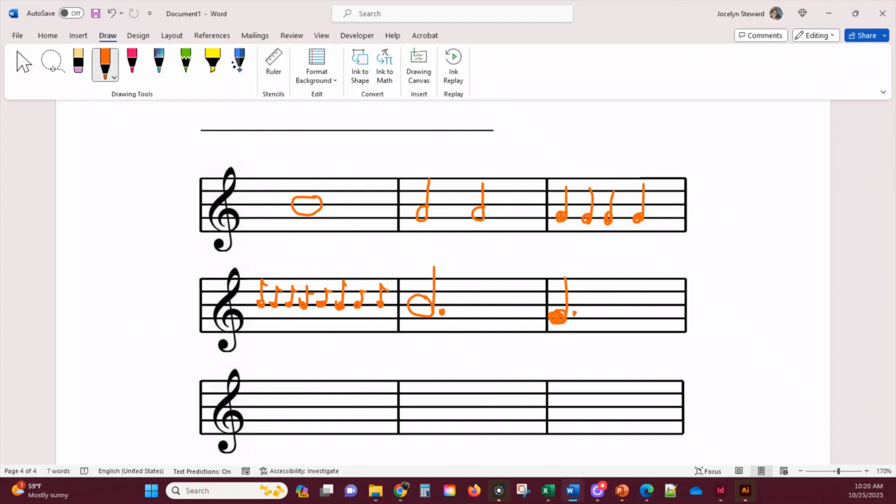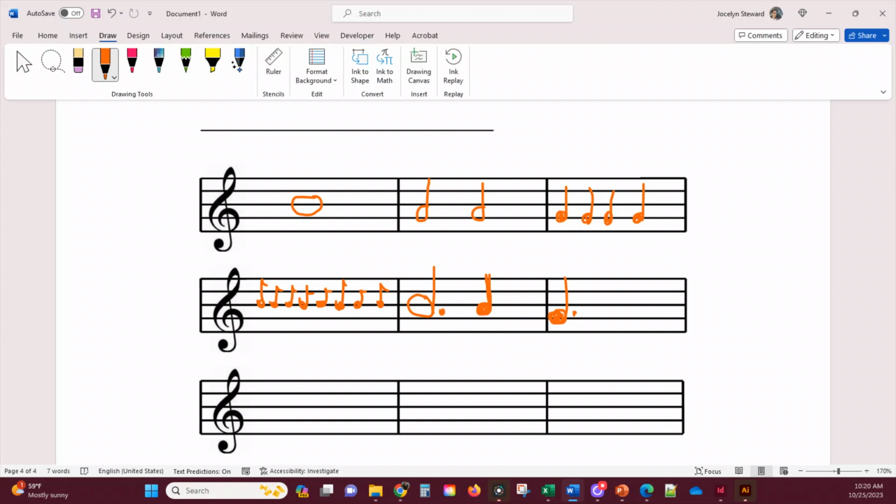Okay, and this is 3 beats, 1, 2, 3. What do I need to add in order to make it 4? I can add 4 of these, or I can just add 1 of these to make it 4. We'll just do it the easiest way. So that's 1, 2, 3, 4.